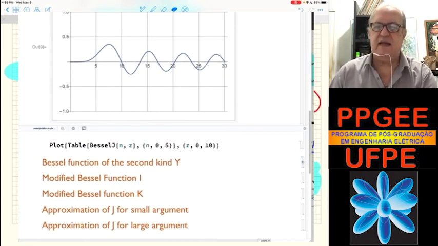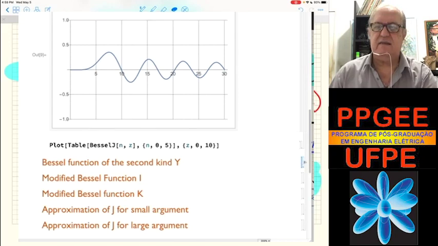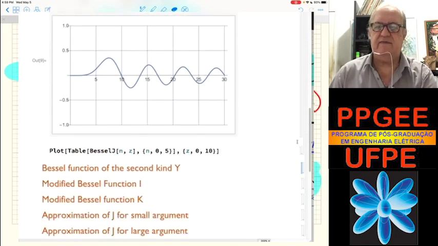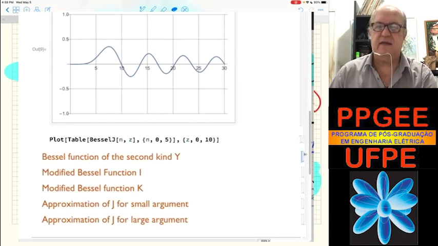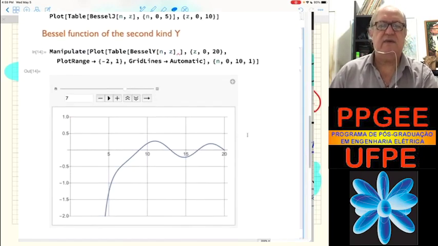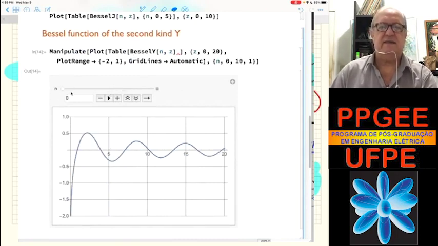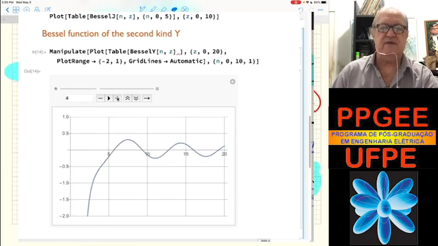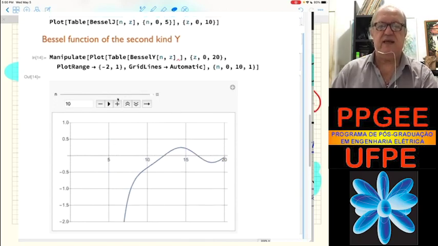So let's look at the Bessel function of second kind. Second kind is right here. So I have here already the higher indices. That's the second kind, it diverges at the origin and has undulations, right? Multiple roots. These are the features of these functions. And the first root gets away from the origin when you do that.